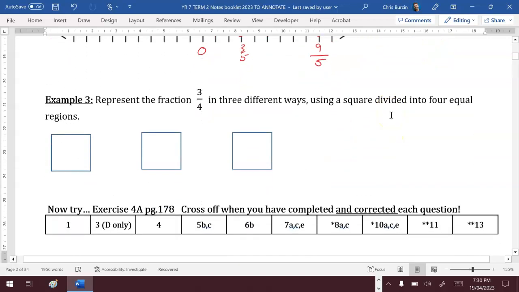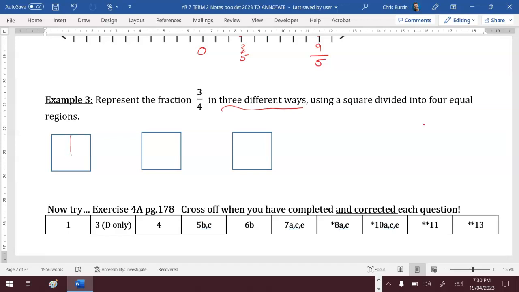So represent the fraction 3/4 in 3 different ways using a square divided into 4 equal regions. Well, our square is given to us. It'd be nice to use a ruler, but I'll first divide that into my total possible regions. I'll do that with all of the squares. So each of these is divided into 4 parts.